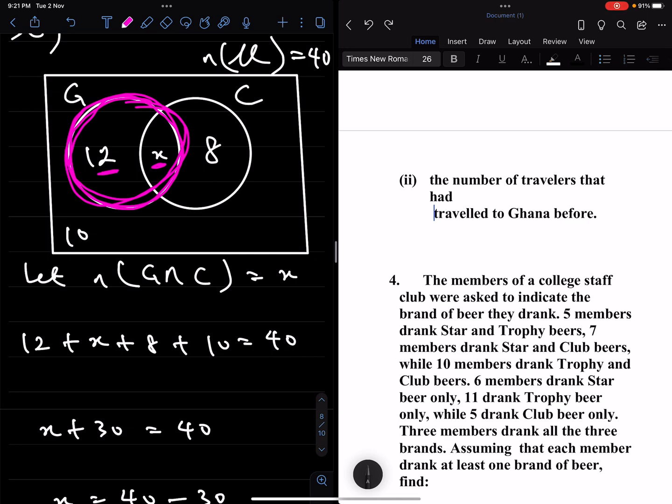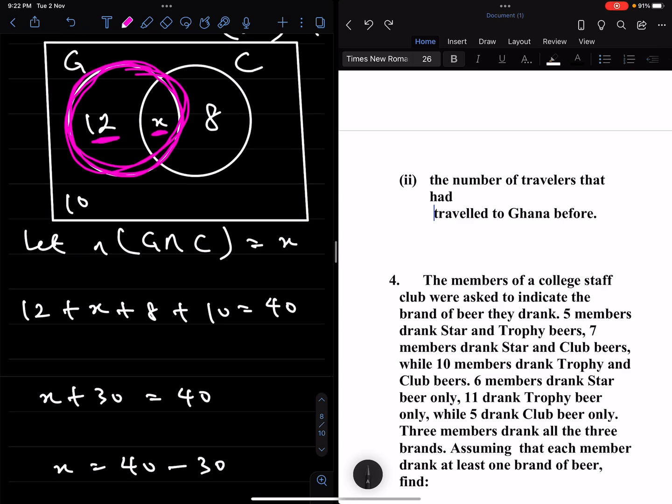That's what it means. It's a combination of those who had gone to only Ghana and those who had gone to both Ghana and Cameroon. As long as they went to Ghana, they are going to be amongst the people in the set.